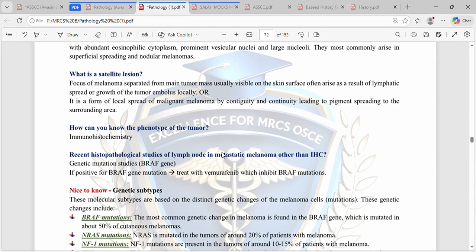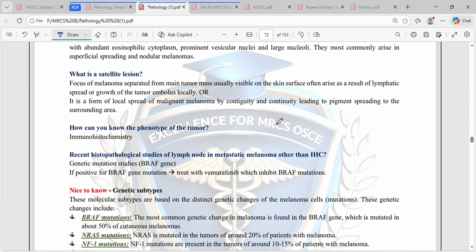What is a satellite lesion? It is a focus of melanoma separated from the main tumor mass, usually visible on the skin surface, often arising as a result of lymphatic spread. Let's suppose you have a main lesion, and near this lesion there is another lesion. This is actually the spread to lymphatics.